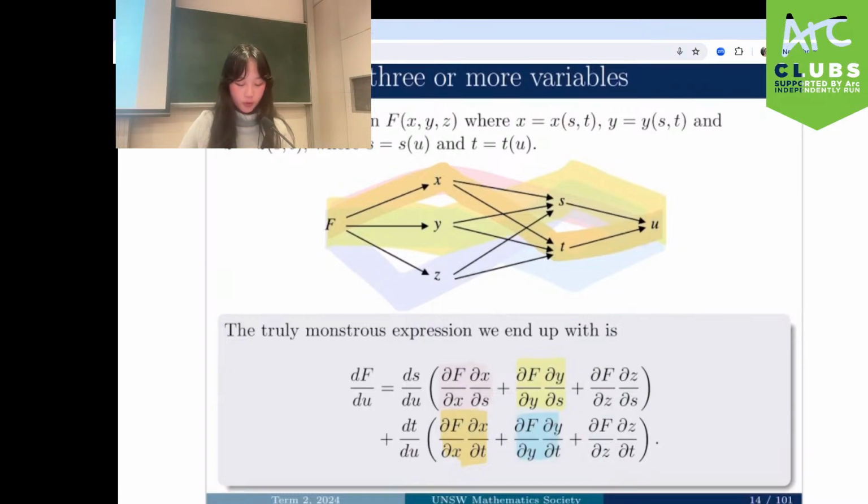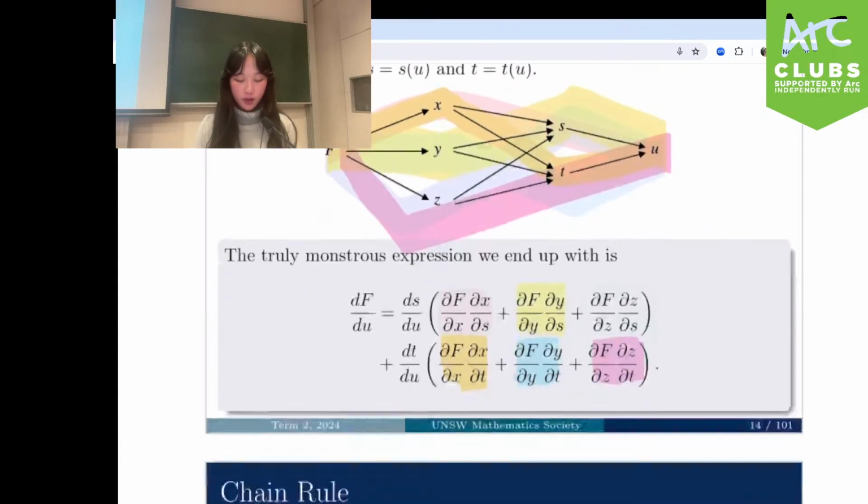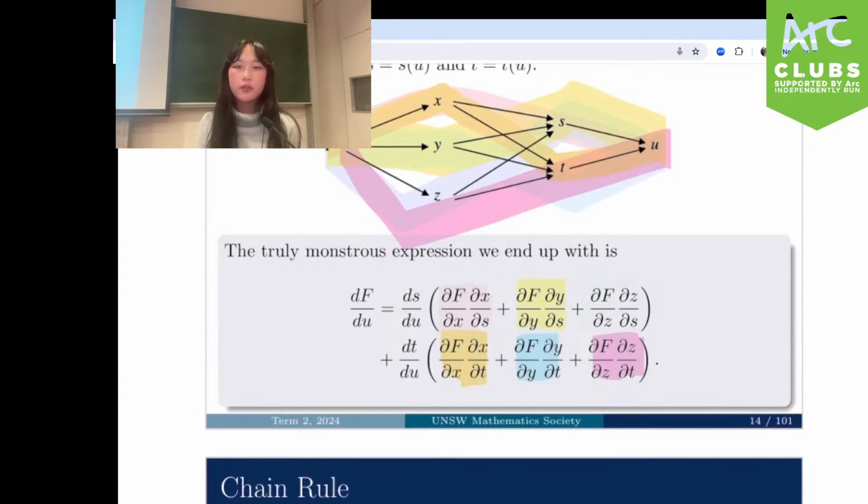This one's correspondent to this one. And last but not least, this one, which is correspondent to this one. Okay, so lots of colors and a little bit confusing, but I hope you can see that just by tracing all the different ways that we can get from f to u, we can find this overall chain rule expression for df on du.